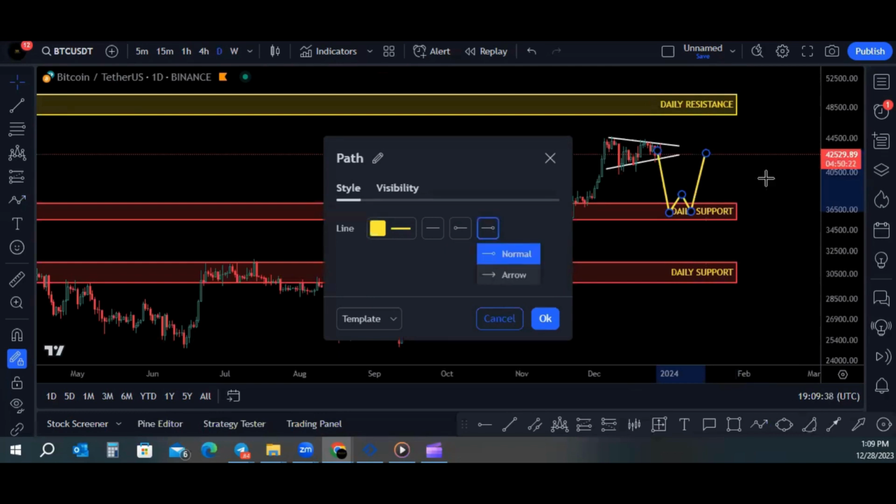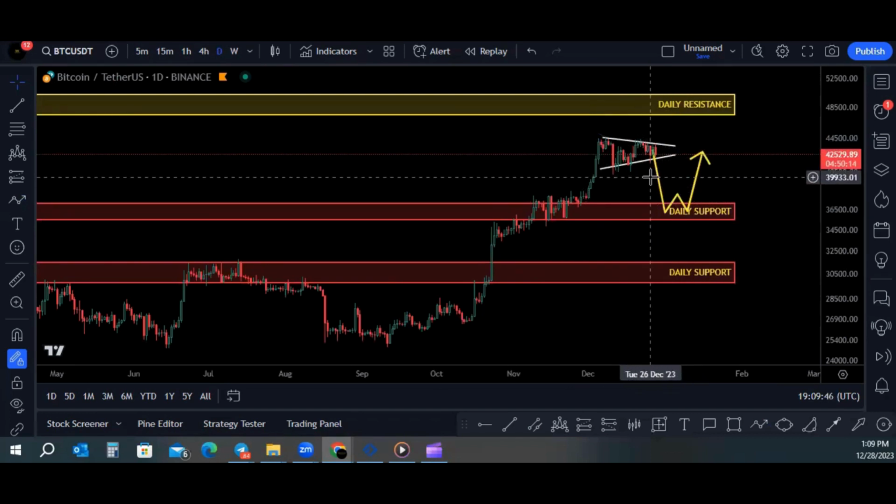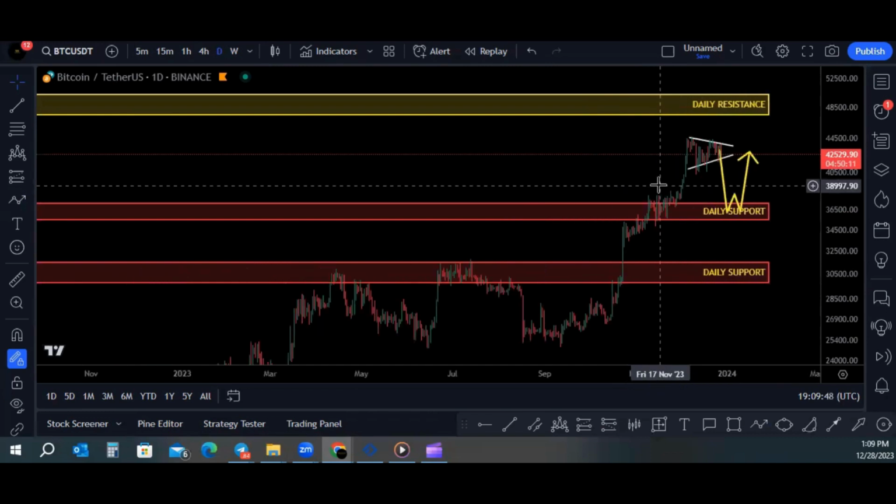I'm not going to go too into detail on that, but I'll know not to buy right here in the middle of nowhere, basically.